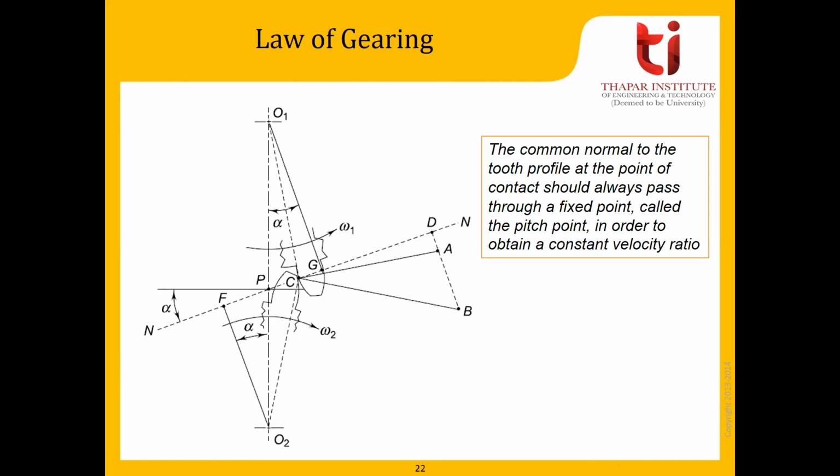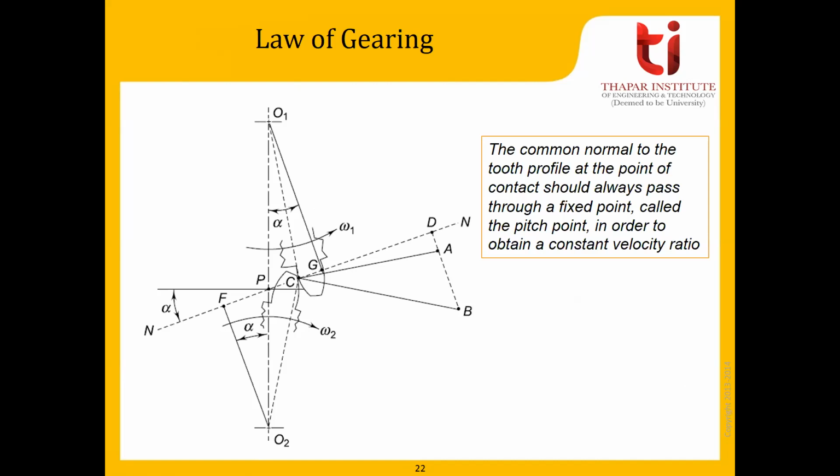If the shape of tooth profile is arbitrarily chosen, then we have to design the another tooth which is going to match with the arbitrary profile chosen by us to satisfy the above condition. Then the second tooth is said to be conjugate to the first one. But these arbitrary teeth are not common in use because of difficulty in manufacturing and cost of production.